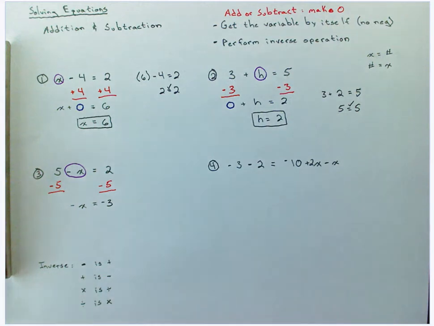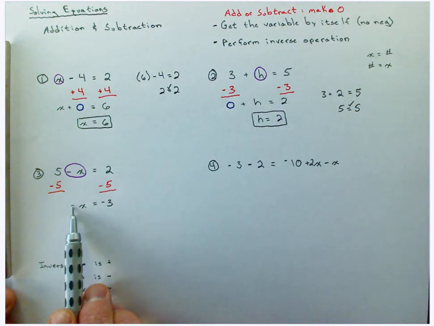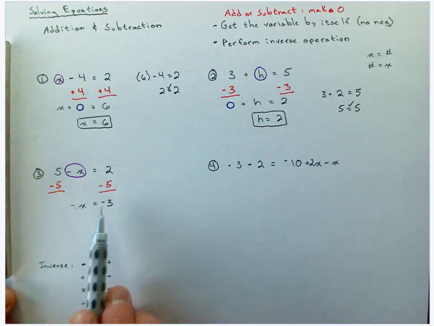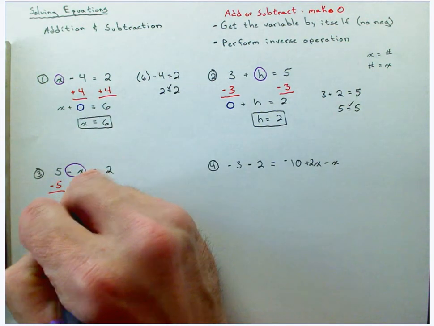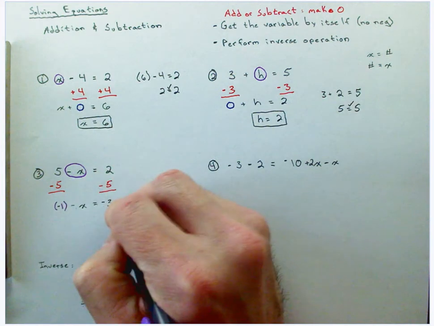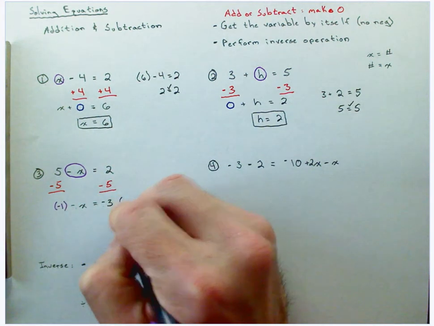Alright, very important aspect to learn, because you'll use this the rest of the semester and through the remainder of your math classes. If I want to change the sign on something, all I have to do is multiply by a negative 1. If I do it to one side, I have to do it to the other.